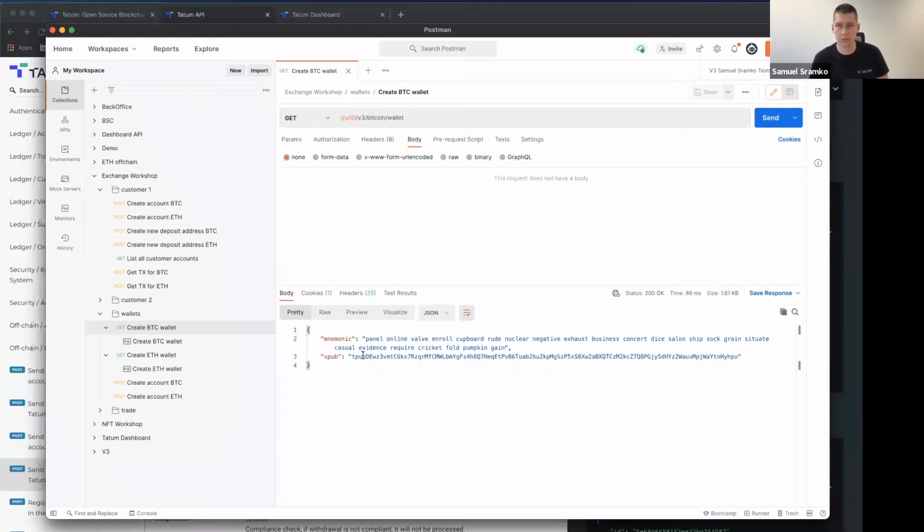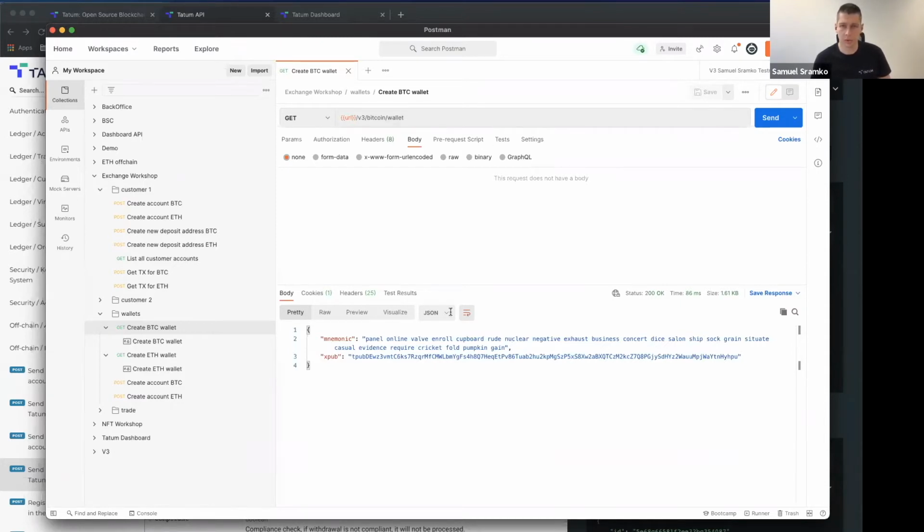In Tatum, we support HD wallets where you can generate more than 2 billion different addresses and private keys from one mnemonic. That's super powerful and quite secure because you don't have to store thousands of private keys, but only one of them.